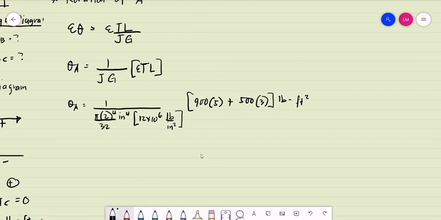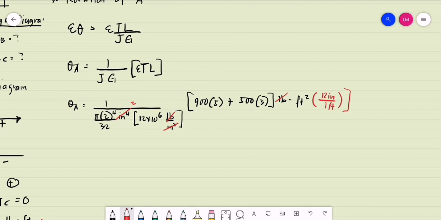So if you are to do unit analysis on our denominator, this is inches raised to 4. So we are to cancel, this is now inches squared. So this is pounds, we are to cancel pounds. If this is now feet squared, we are to multiply by 12 inches is to 1 foot.